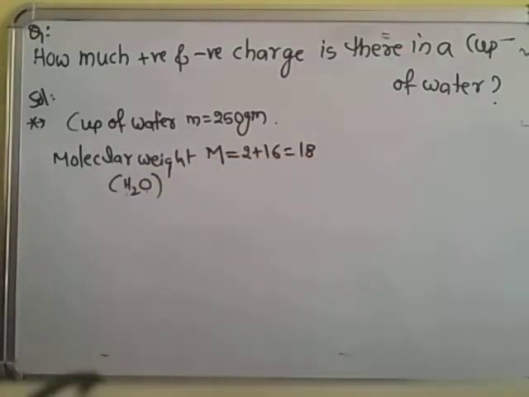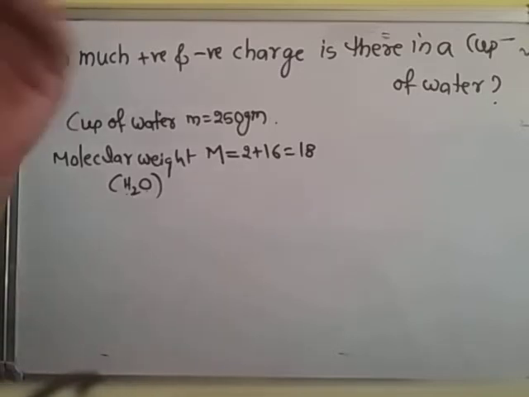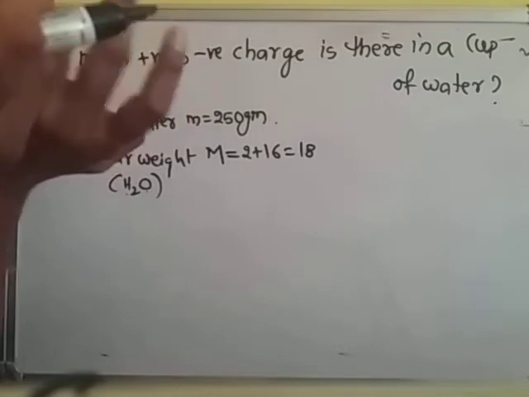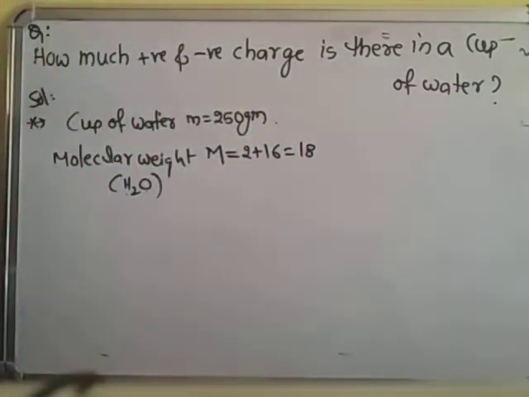Now we want to find out the total positive charge in a cup of water, but first we have to find out the total positive charge on one water molecule. In one water molecule, how much positive charge is there, that much negative charge is there, because a water molecule is neutrally charged.